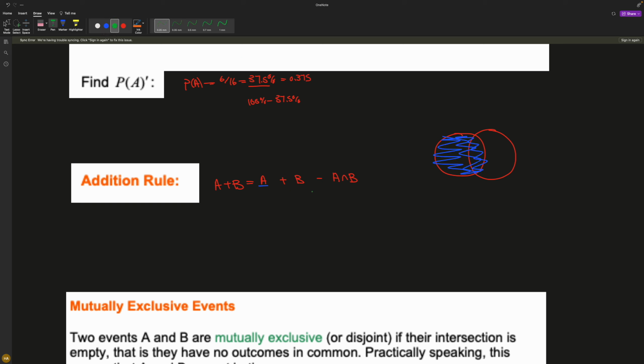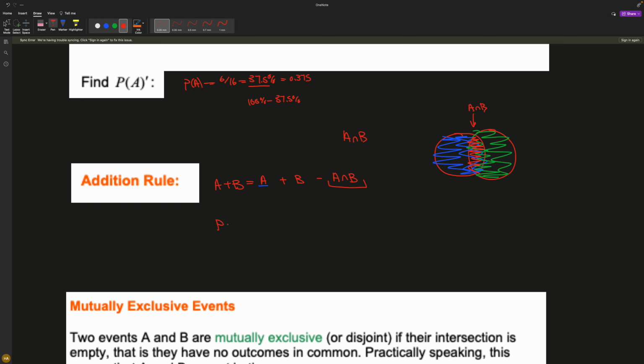And then I add it to the B section. What I just did, as you could see, is I added the middle section twice. And that's why we subtract 1 middle section. This is the intersection, A and B. It's something that is in both, which is this middle area. That's A intersect B. So we subtract it once because we're adding it twice.